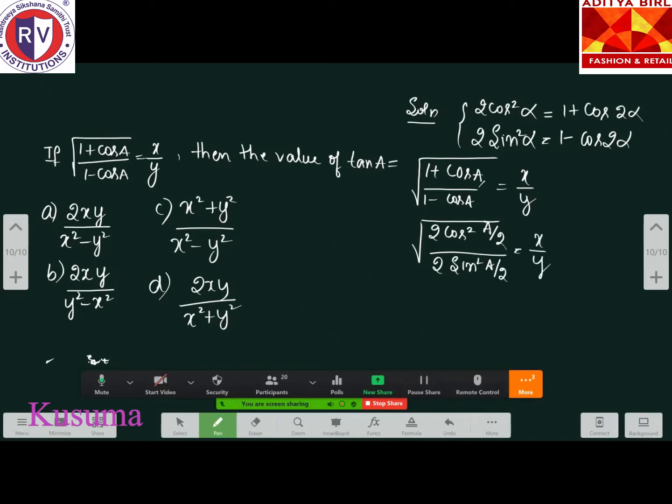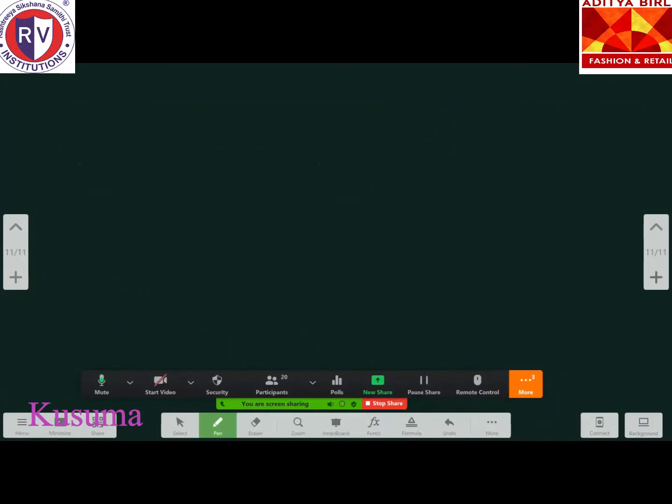So 2 and 2 get cancelled. There are squares of the terms under the root. So this will become cos A by 2 divided by sin A by 2 is equal to x by y, which is nothing but cot A by 2 is equal to x by y, right? So then what about tan A by 2?